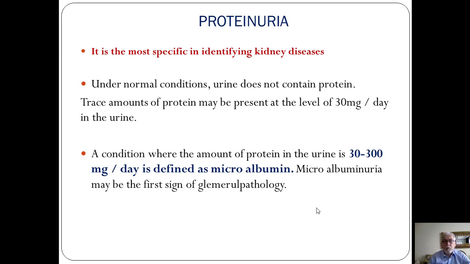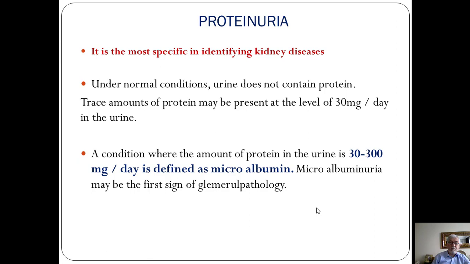Another tool in our hands for understanding kidney function is protein levels. I would say proteinuria. Proteinuria is the most specific in identifying kidney disease because under normal conditions, urine does not contain protein. We generally say that, but it's not necessarily correct.